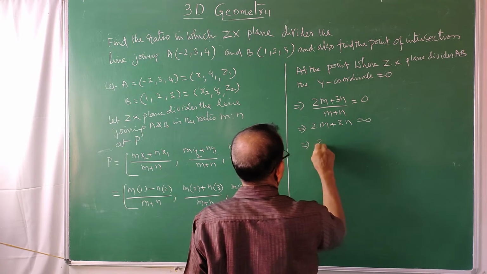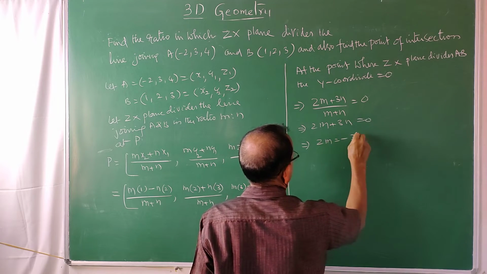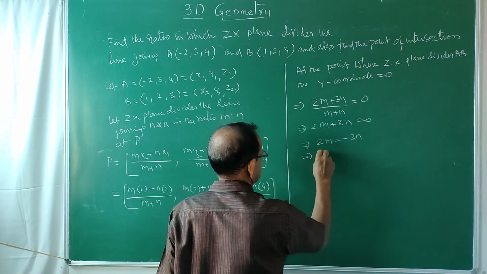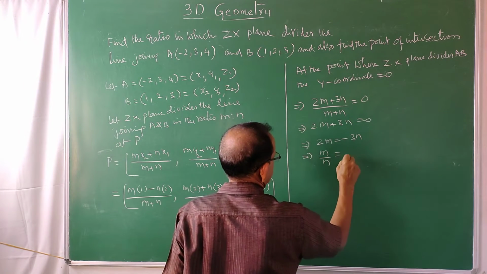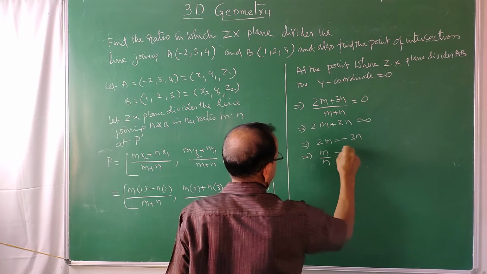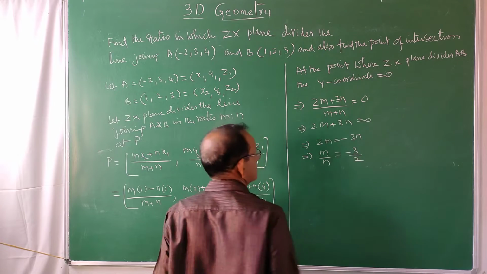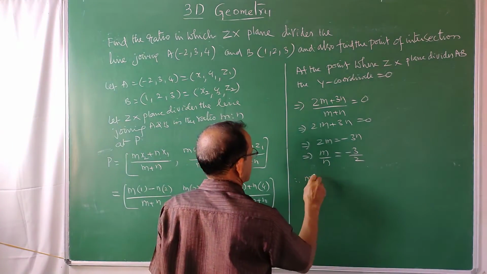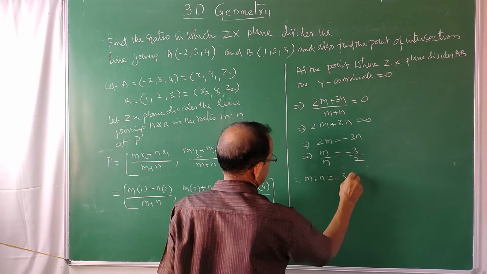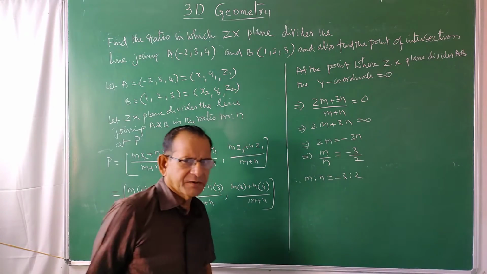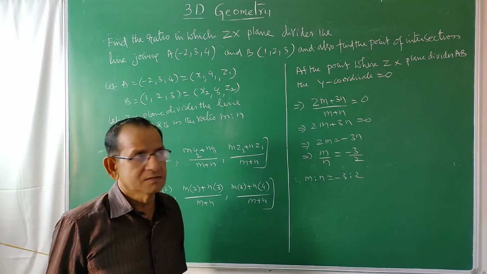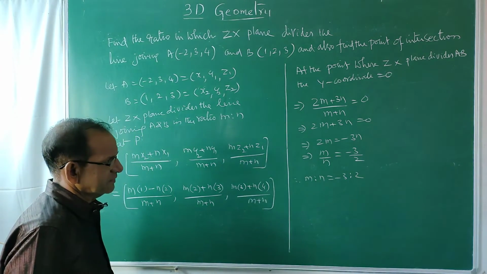That implies 2m = -3n, so m/n = -3/2. So m is to n is -3 is to 2. Because we got a negative ratio, those 2 points are on one side of the ZX plane. That is the required ratio.